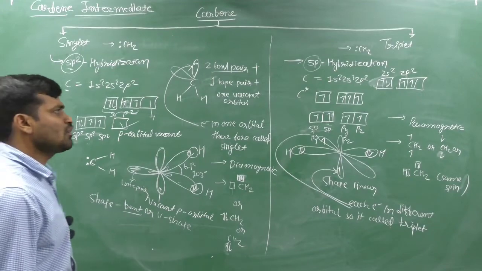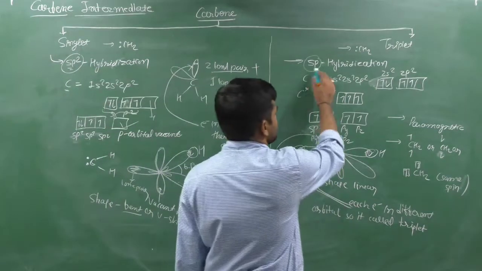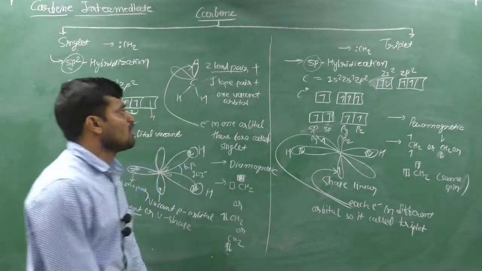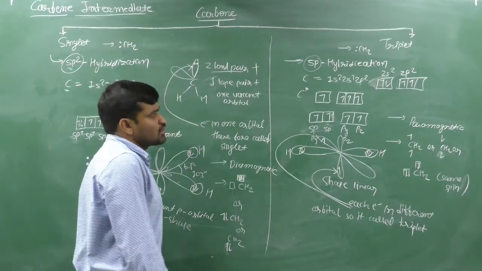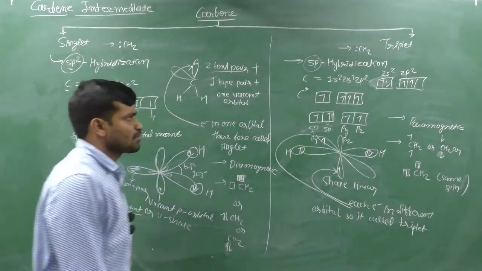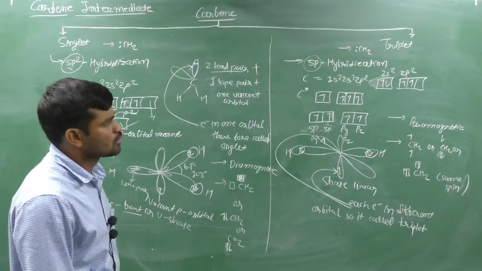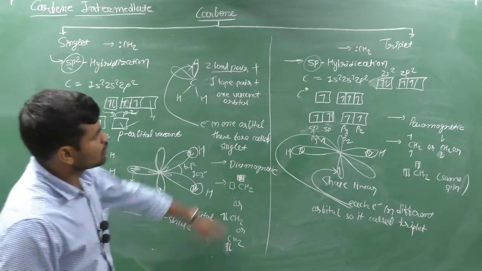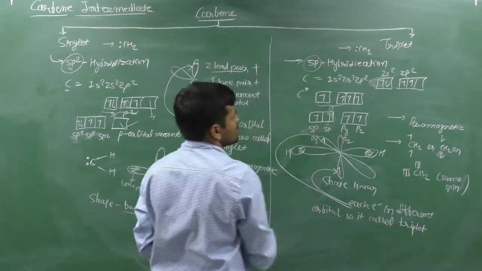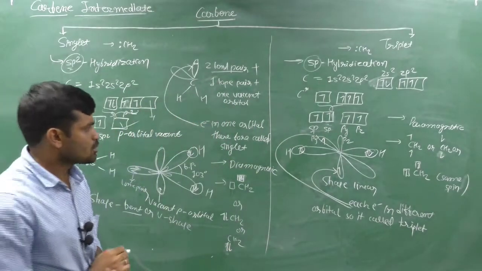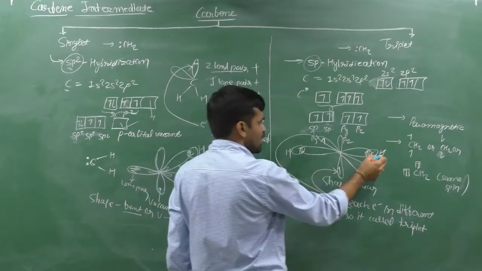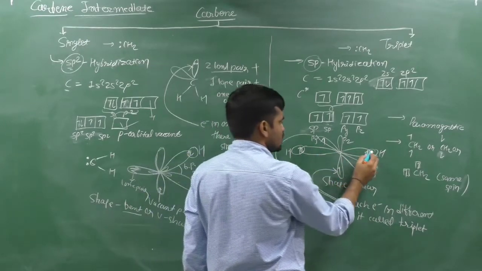Now if we think about the triplet carbene, it is sp hybridized. Carbon in the ground state is 1s2 2s2 2p2, but in triplet carbene, carbon forms bonds from the excited state, which is 2s1 2p3. Clear? Now it undergoes sp hybridization, so there are carbon-hydrogen sigma bonds.